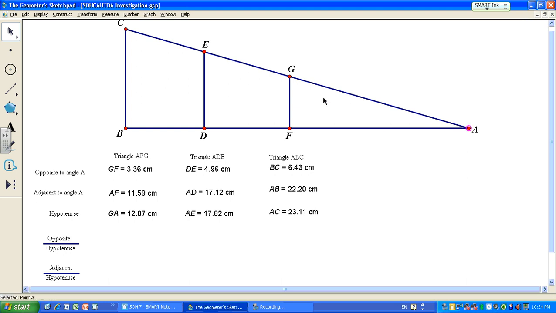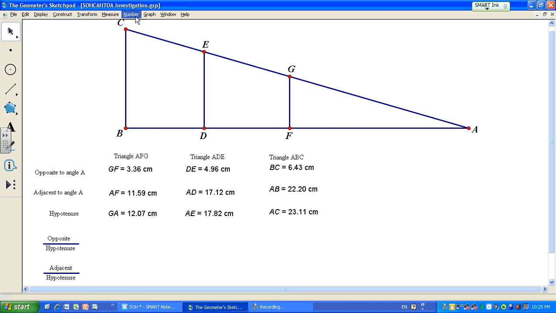What is opposite to angle A is the side GF right over there. What is the hypotenuse of this triangle? The hypotenuse is always opposite to the right angle. So there you go. That's the side GA, from G to A, that is opposite to the right angle. Good.